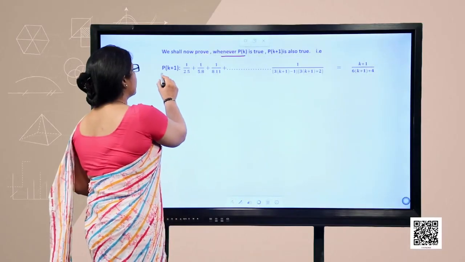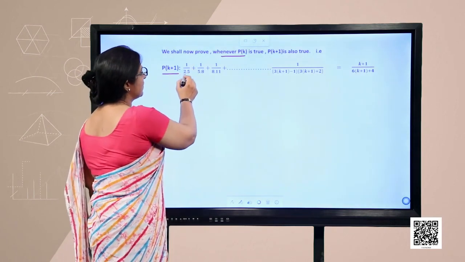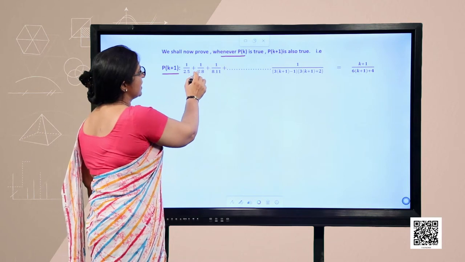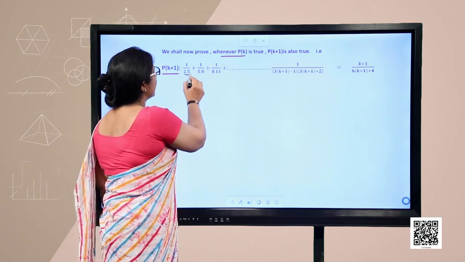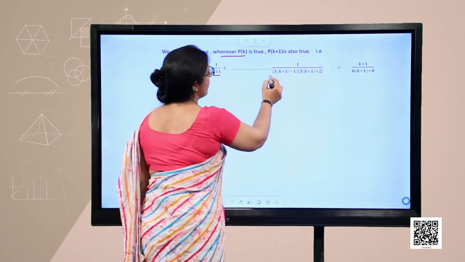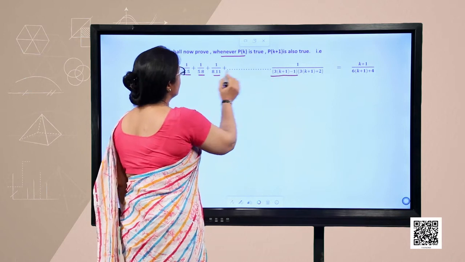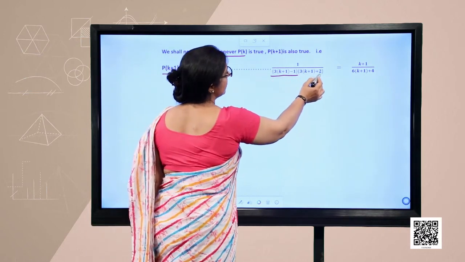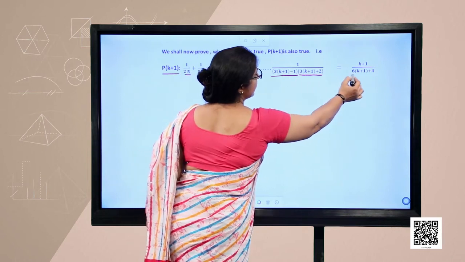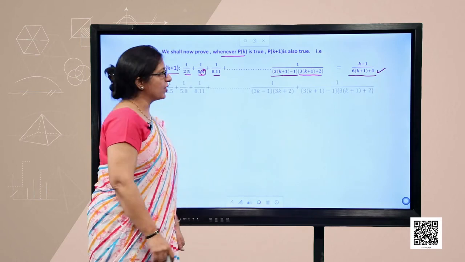Now what is Pk plus 1? The statement we have rewritten again: 1 upon 2 into 5 plus 1 upon 5 into 8 plus 1 upon 8 into 11. In general form it is written like this: 3(k plus 1) minus 1, and in place of the second term 3(k plus 1) plus 2, which will give us this result. This we need to prove.